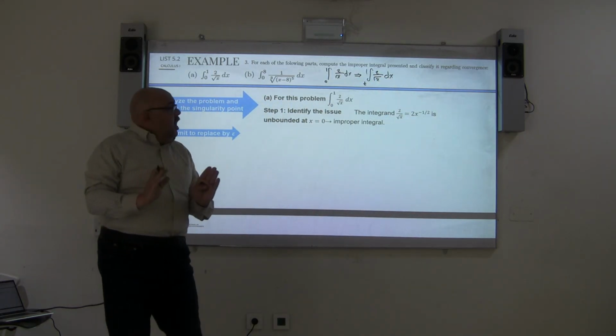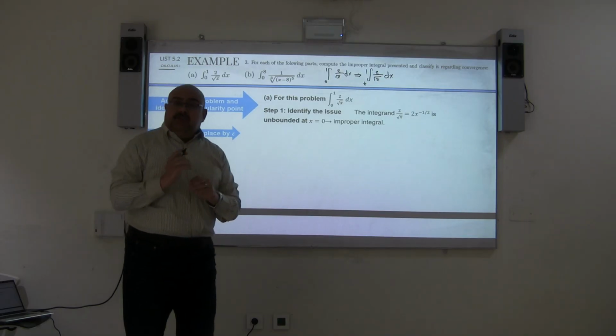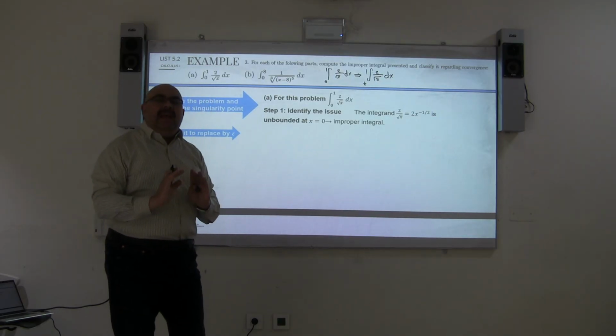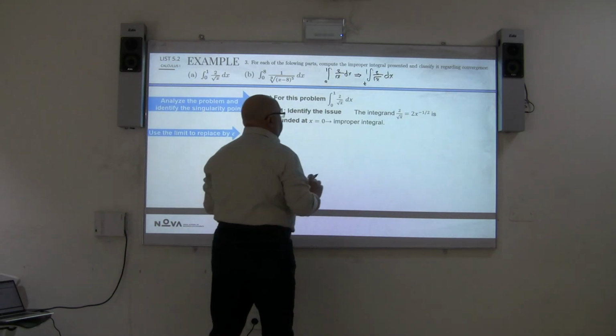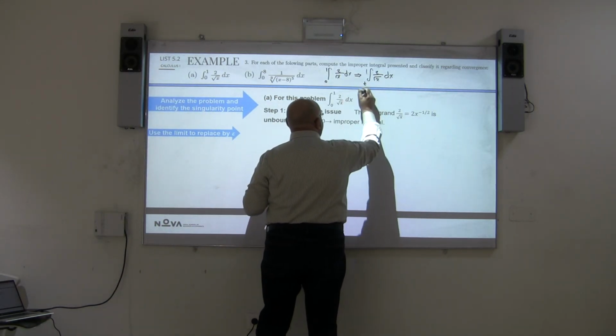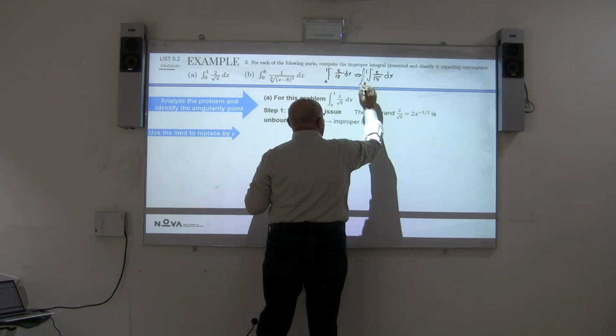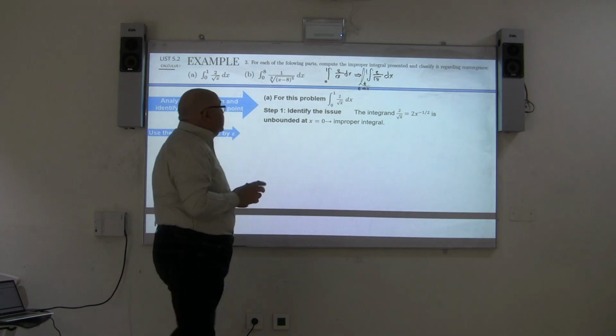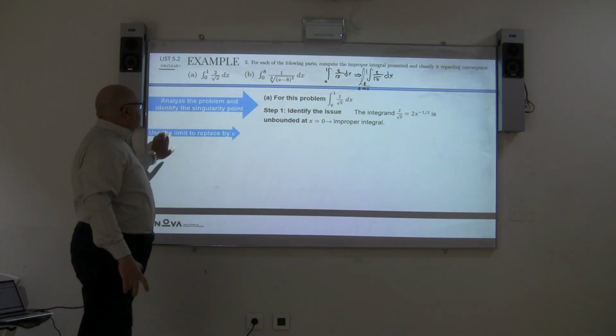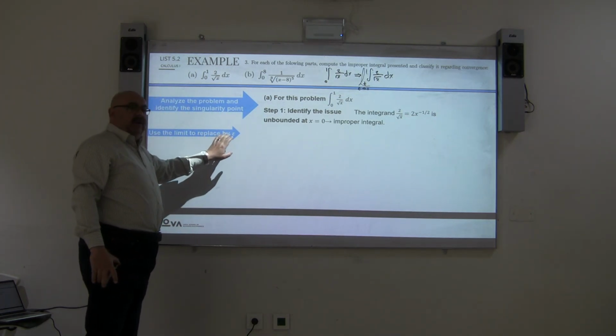This way, I will be able to do my integration and delay the problem that will arise. And in order to make things really very easy for me, I will take the limit as t goes to 0. That's the key point. Use the limit to replace 0 by theta.